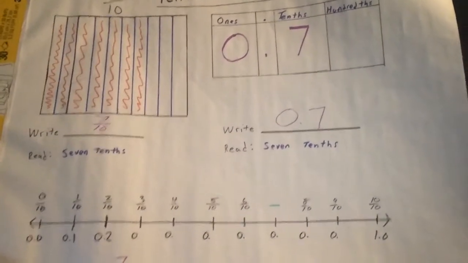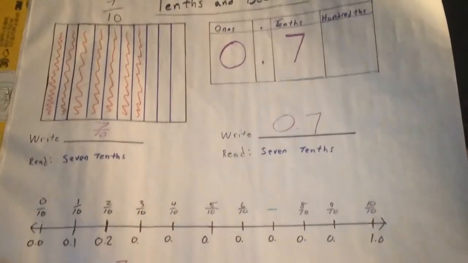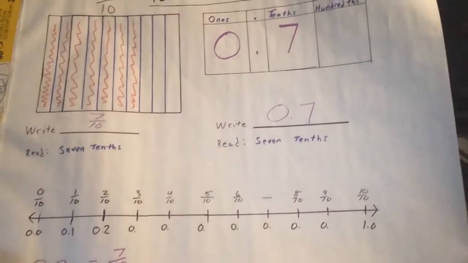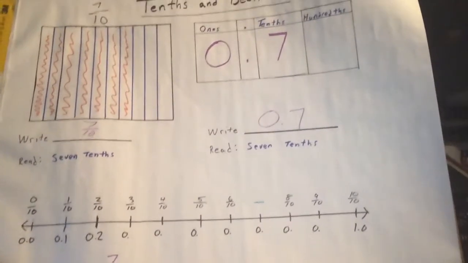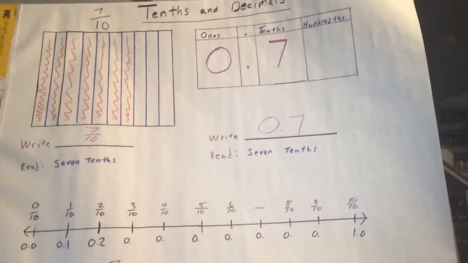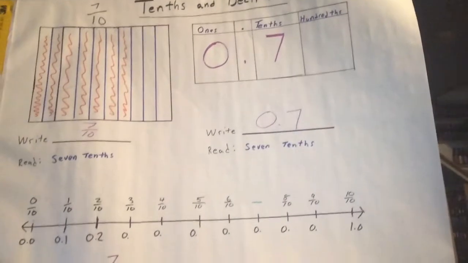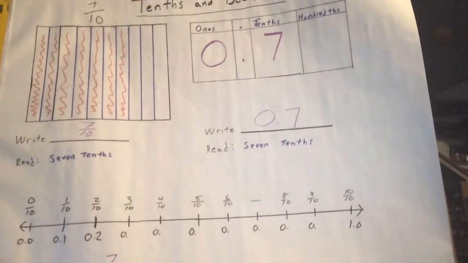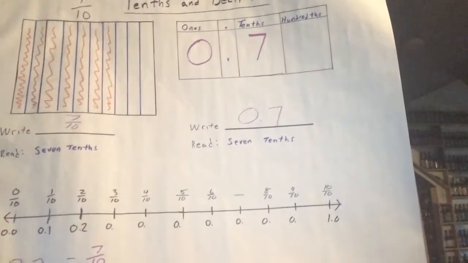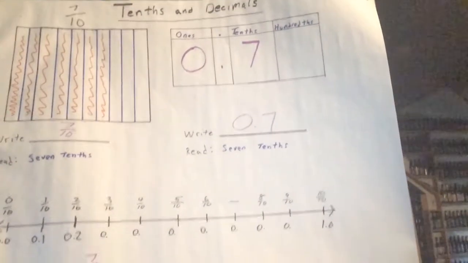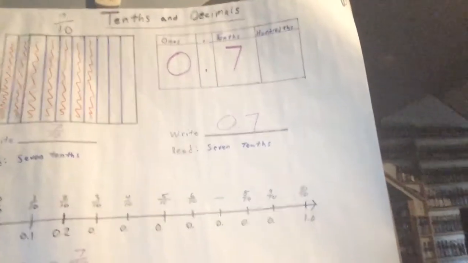Since we have a blank, that would be 0.3. 4/10, if you fill in your blank, 0.4, and so on. And if you notice the fractions on top, after 6/10, there's a blank, and then it goes to 8/10. So what's going to come in between 6 and 8? 7/10. Okay, so I'm going to take a moment here to fill out this chart, and I'll come back and show you what it looks like completed.